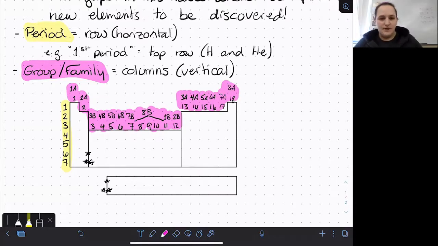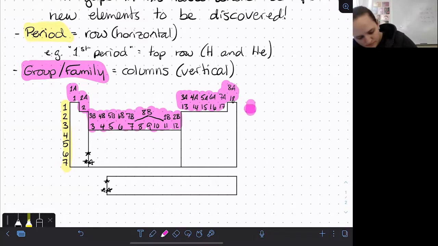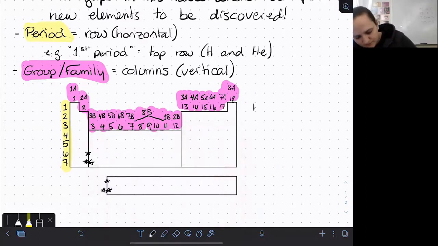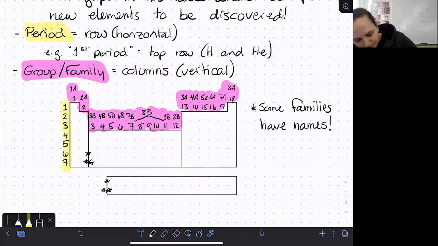Some of the families also have special names. So, back to the pen. Group 1A is known as the alkali metals.